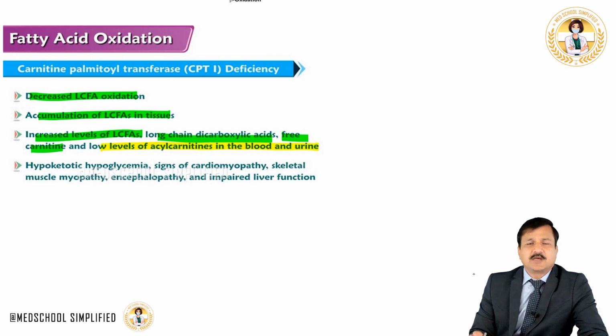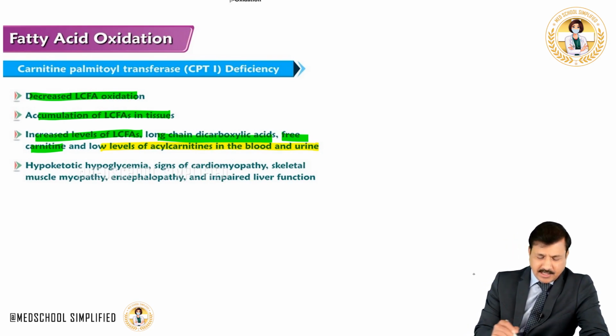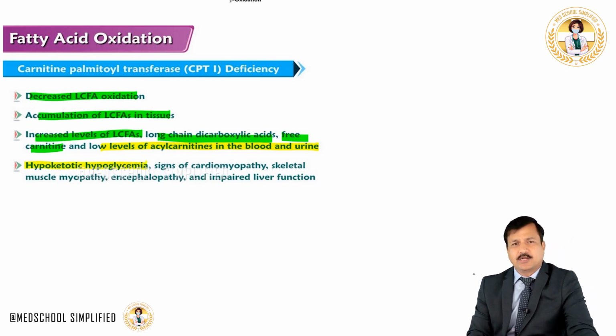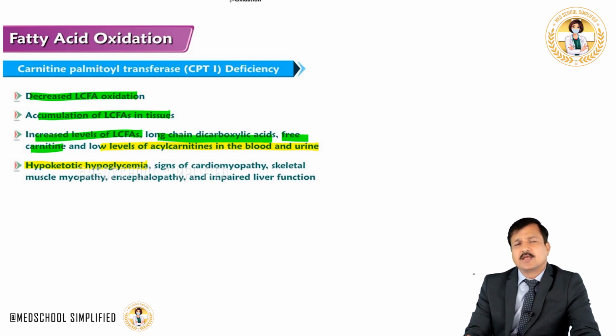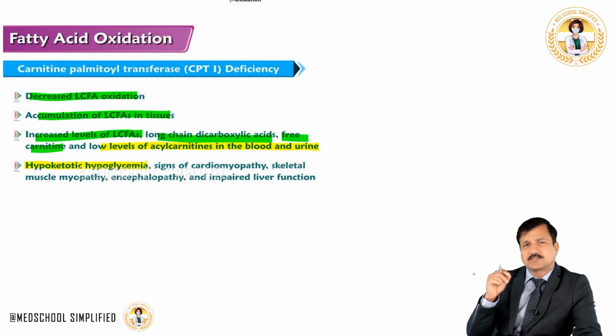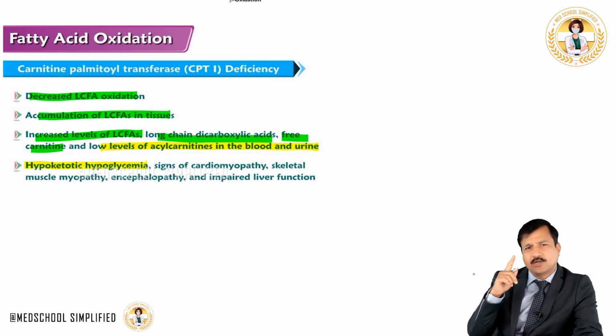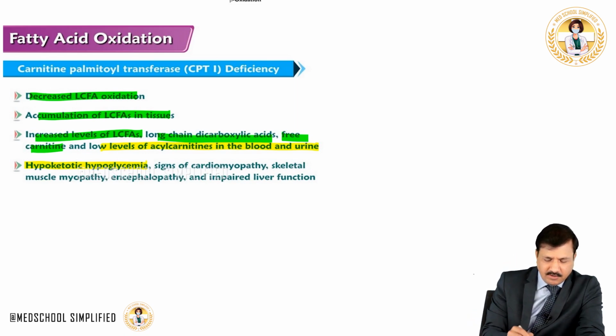The signs and symptoms related to hypoglycemia can be seen because patients will show hypoketotic hypoglycemia. I already told you that any carnitine defect, including beta oxidation, will lead to hypoketotic hypoglycemia, and sometimes it will be mentioned as non-ketotic hypoglycemia.